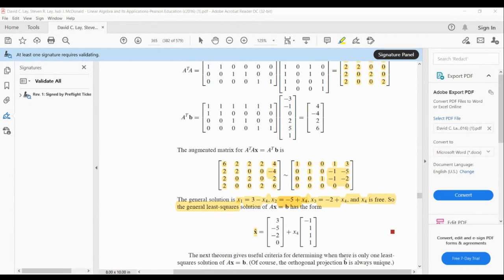Since x4 is free, you can have an infinite number of x hat least squares solution vectors, and that would give you an infinite number of vectors that are in the column space of A and equally close to the vector b.